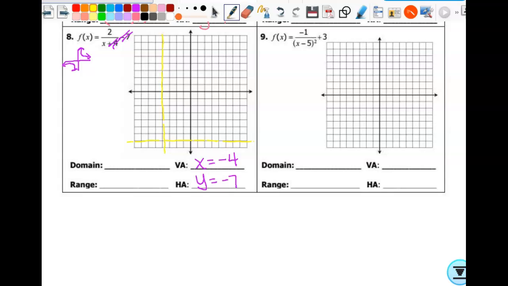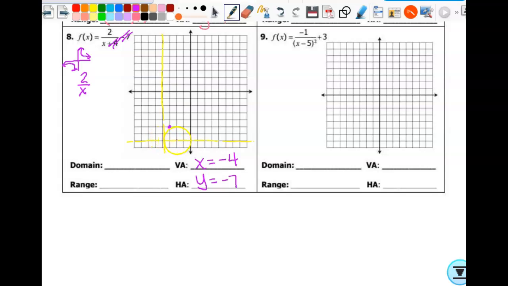So once you graph them, ignore what you have, and then we're really just graphing 2 over x using our new x and y axis. So I start here at 1, 1, but I have a vertical stretch of 2, so I go 2 away, which is right there.